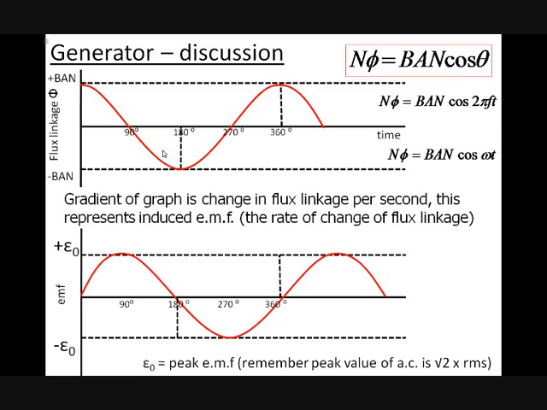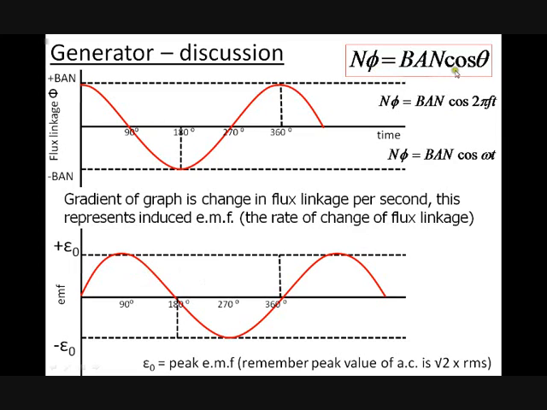So the fact that I've just drawn a sine curve might confuse you, but we will come back to that in a second. So the gradient of this graph is the change in flux linkage per second. This represents induced EMF. So this is the rate of change of flux linkage. So I know that at the moment the gradient of this graph should be a minus sine, but I will come back to that.